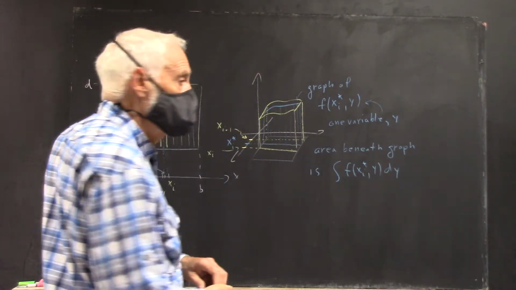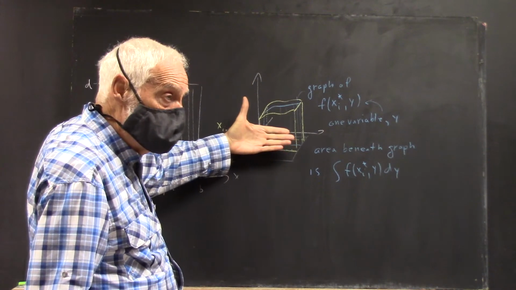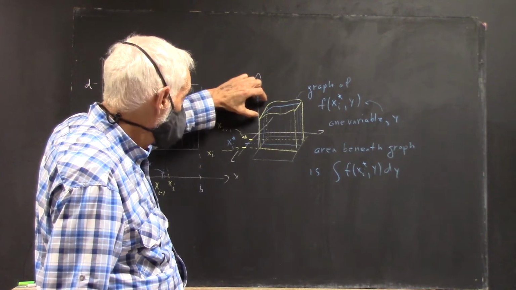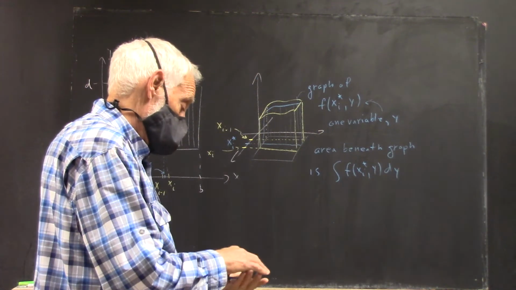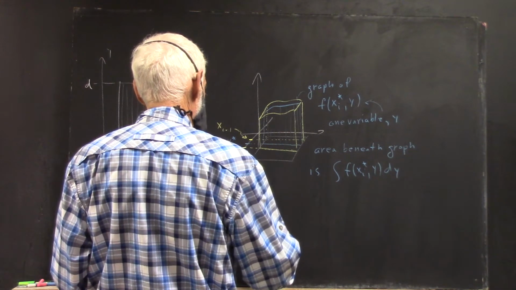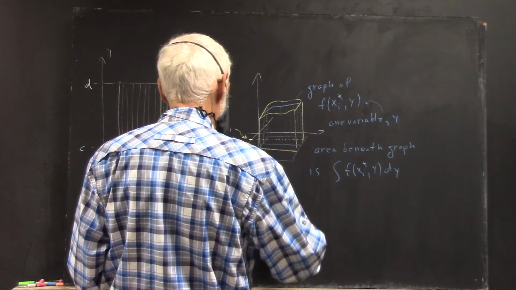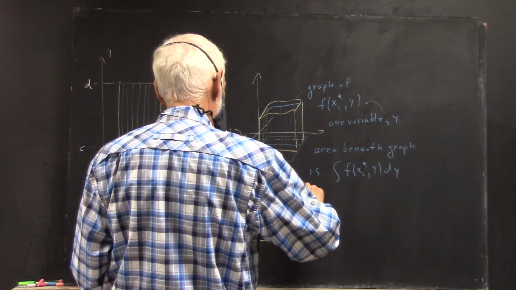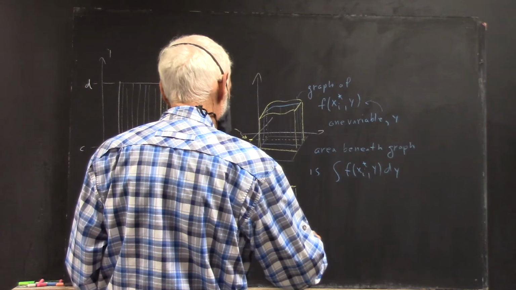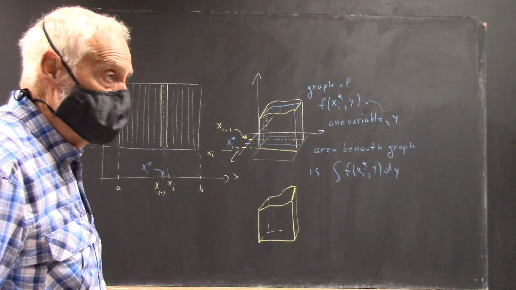If the base is this face of this three-dimensional region, then the altitude is what? Okay, we've got this region.